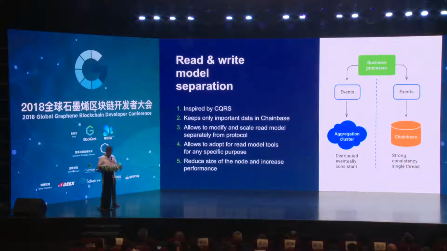So what I propose is to move the read data, the read model of the Graphene framework, into a separate aggregation cluster. The data of this read model will not be in strong consistency, which is really required for the business processor, but not required for read data.